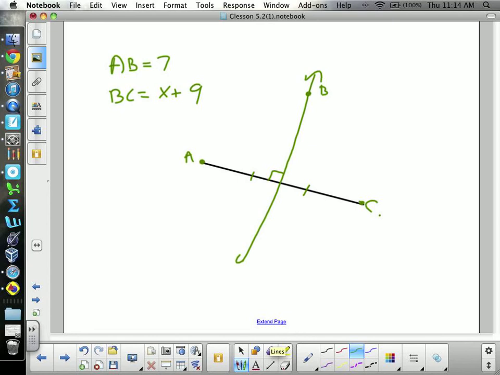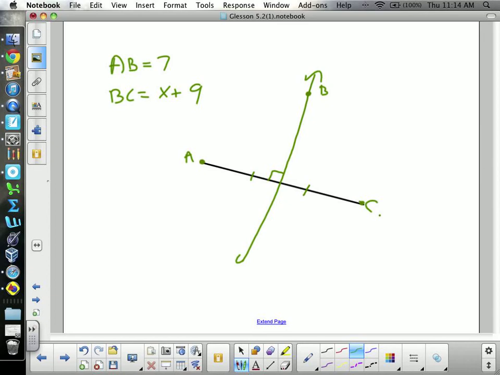Well, if that point's on the perpendicular bisector, what must be true? A point on the perpendicular bisector is, what's that big word?